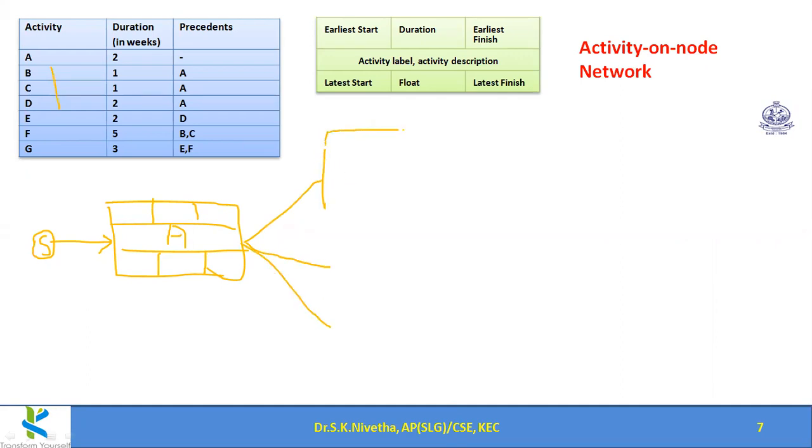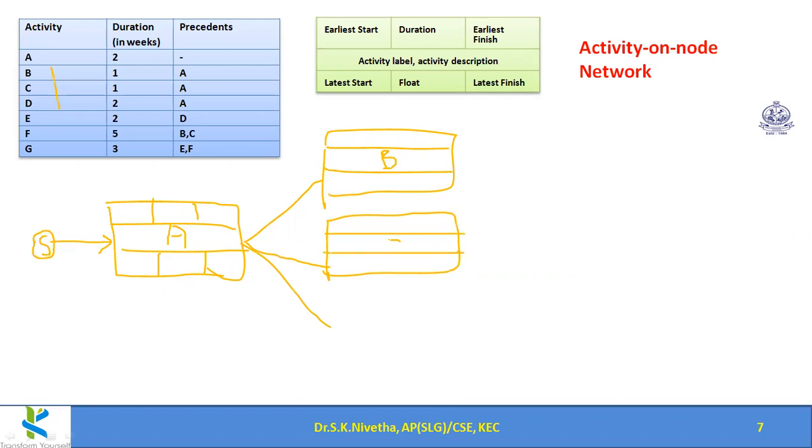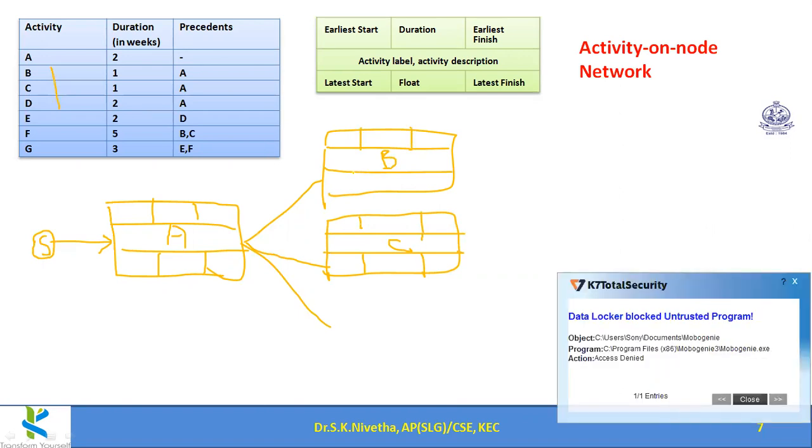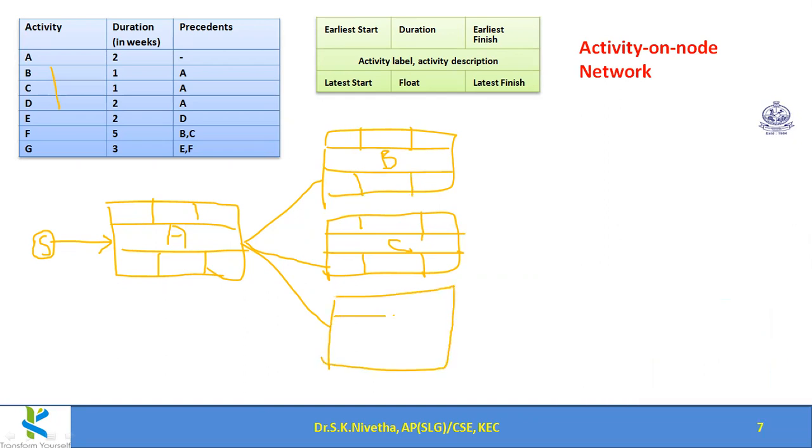B, C, D. So this is B. Then C. Then D. 3 activities can be marked immediately after A. B, C, D.